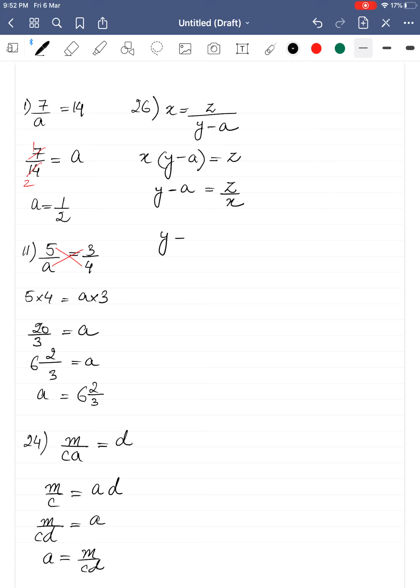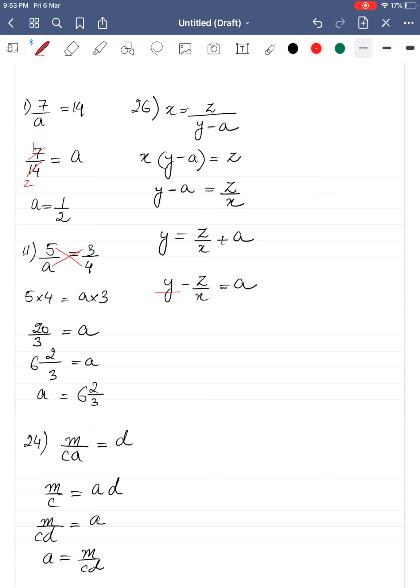I have y is equal to z divided by x plus a, and now I can move the term z divided by x. So I have y minus z divided by x is equal to a. Now I have already got a as the subject, but the answer mostly has a common denominator.